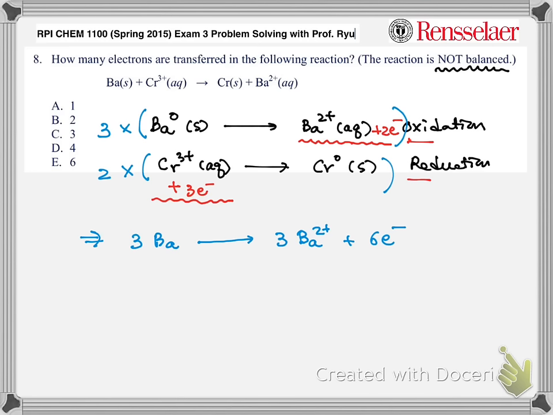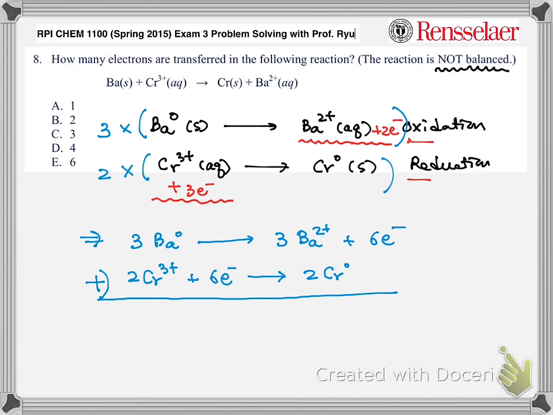Whereas here is 2 chromium 3 plus plus 6 electrons. This reduction occurs into 2 chromium 0. So that's the overall redox half reactions. If you add them together, the electrons will be cancelled out.